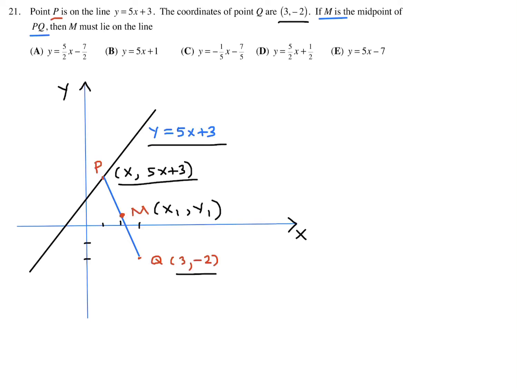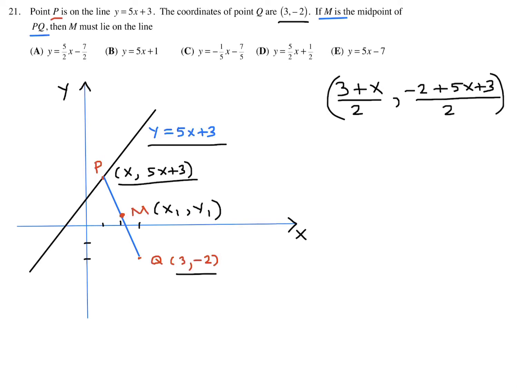So now let's figure out the midpoint. So we have 3 plus x divided by 2, right? This 3 there and that x there. And that is our first coordinate. The second coordinate would be -2 plus 5x plus 3, this -2 and that 5x plus 3, divided by 2.